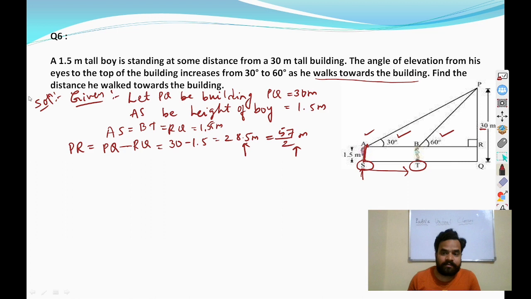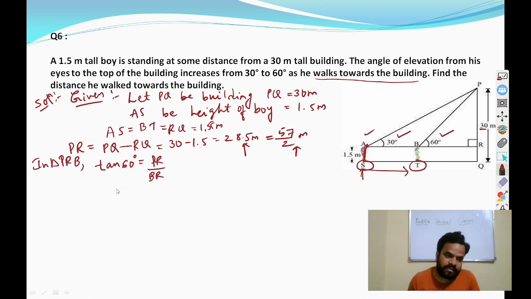After doing this, I will take any one of the right angle triangles. In triangle PRB, right angle at R. One side is 57 by 2, one angle is 60 degree. I will find BR. So opposite and adjacent, I will take tan, right? So tan 60 degree is equal to how much? Opposite by adjacent, that is PR by BR, right?